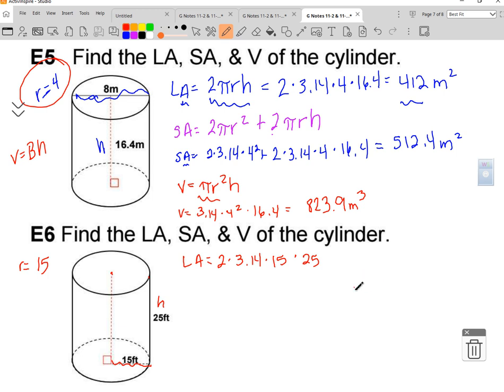Once again, if you're finding that confusing, you can just write 2 pi r h and then substitute right below it. That might be less confusing, so you can see as you go, right?